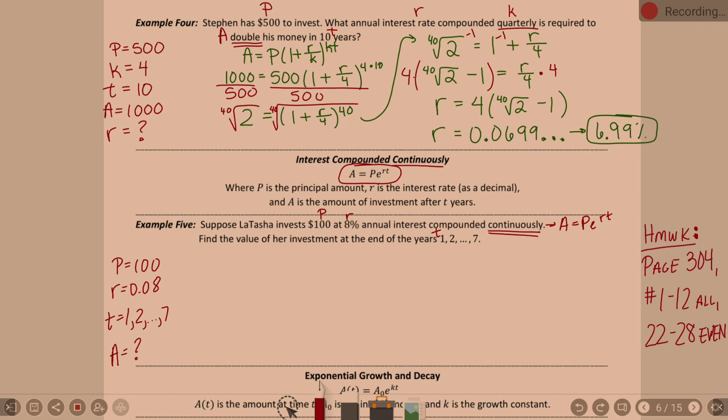Nice. Now, if we write a formula that represents this situation, so A equals PERT, what's the formula that represents this situation? A equals 1000 e to the 0.08, and I'm just going to say times t for right now, because we have multiple different t's.